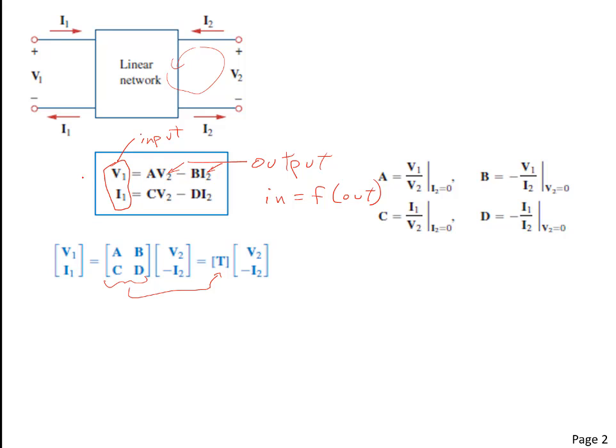When we want to evaluate one of these parameters, we set one of the independent terms, the right-hand side, equal to 0, and solve for the remaining term.